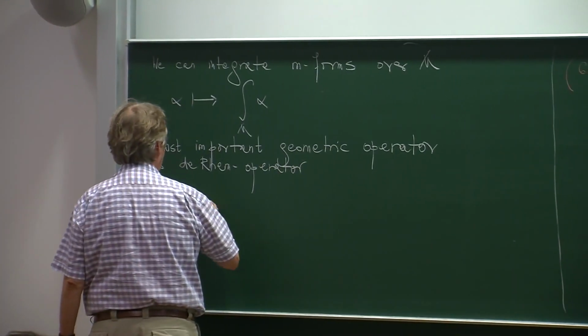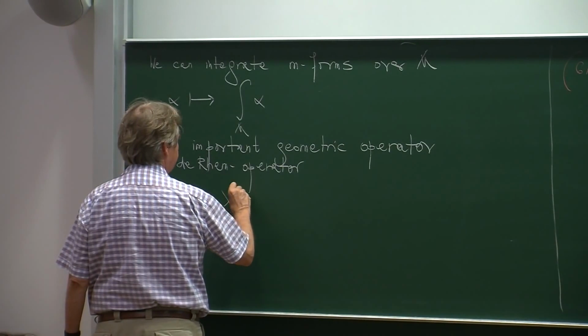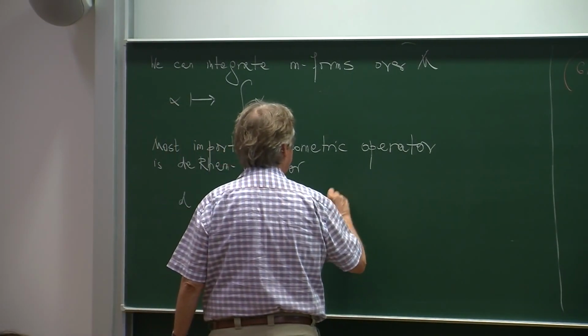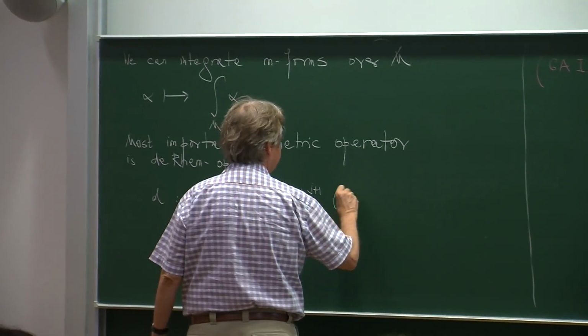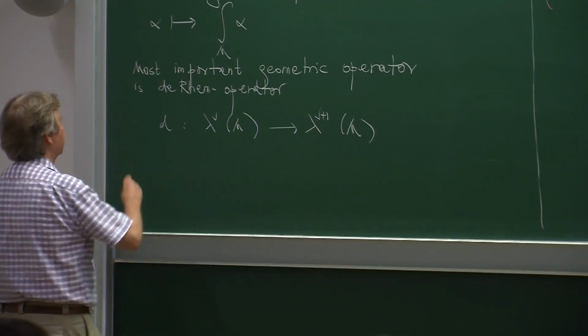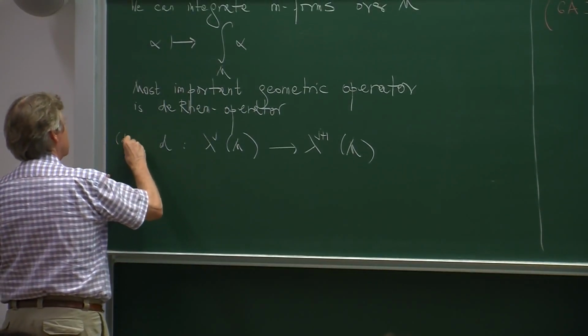D, which maps lambda j of m to lambda j plus 1 of m. So let's see, this is D1.